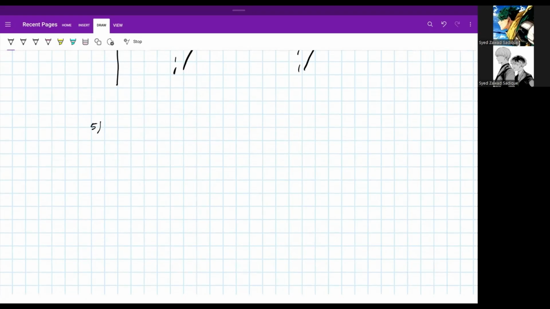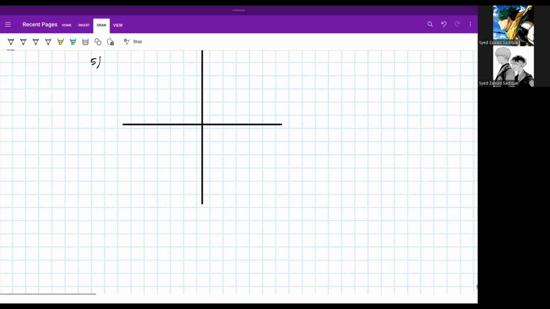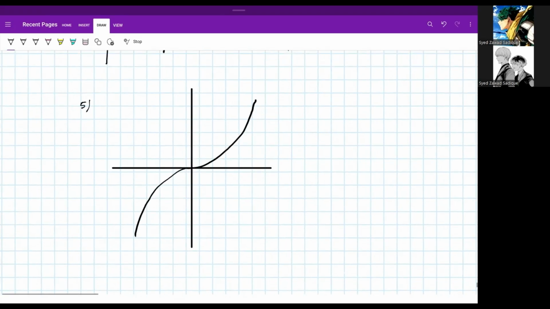Now, the fifth graph that you guys made now are the simple graphs. This is y equals x cubed.